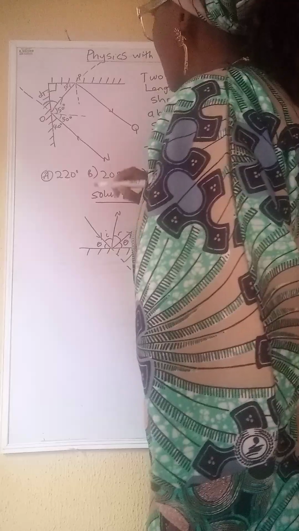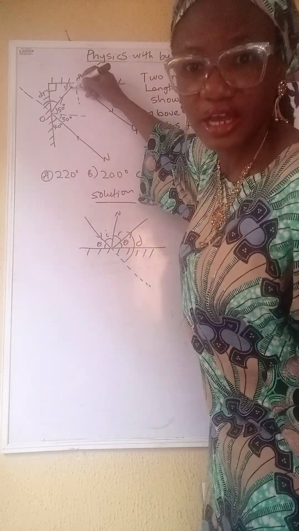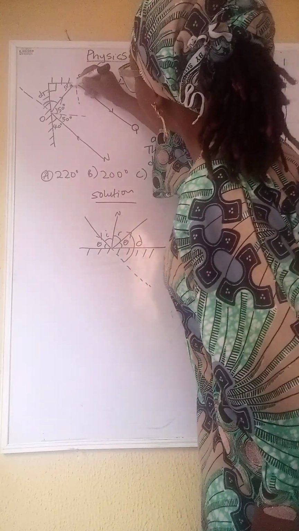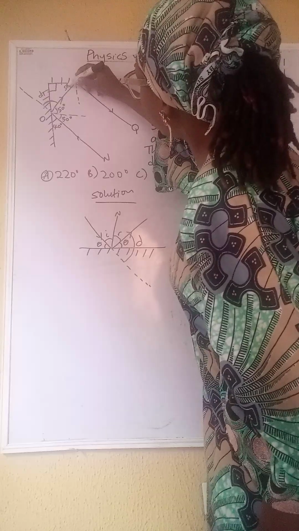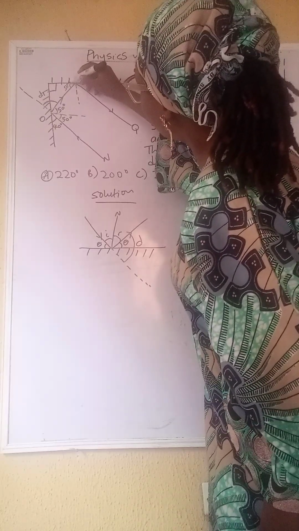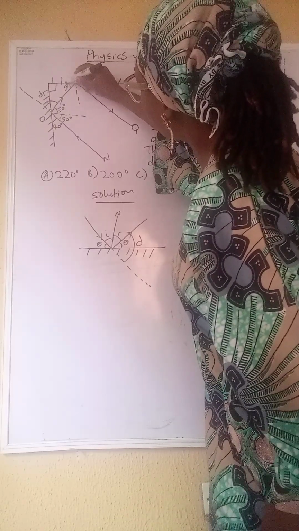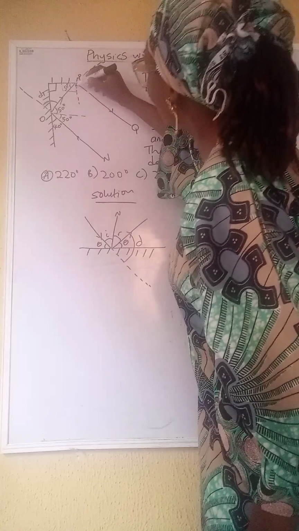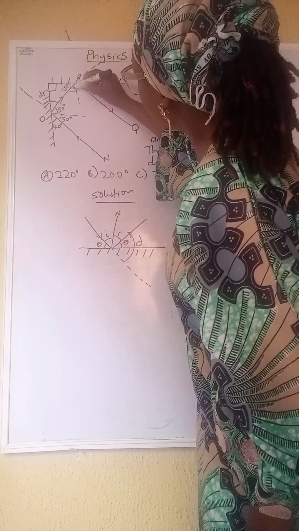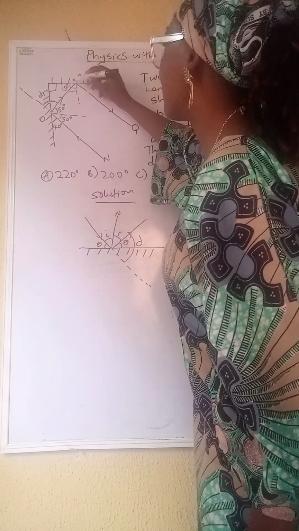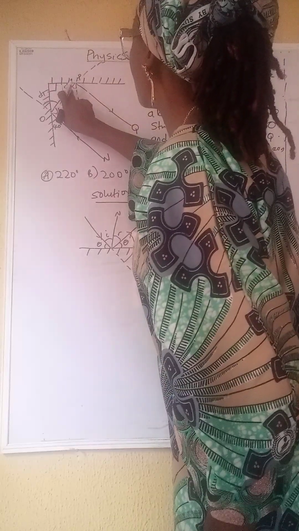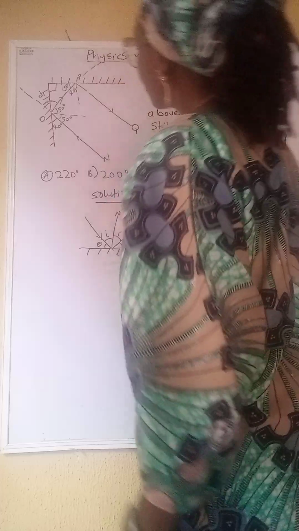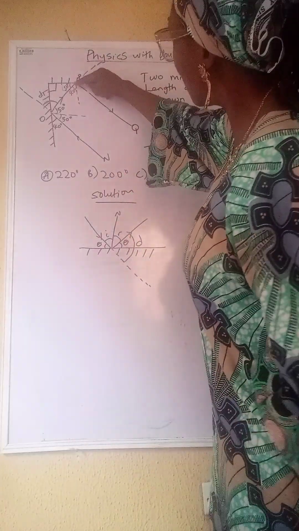If this is 50 degrees, then from here to here is going to be 90. So we can find this small angle. How? 90 minus 50 gives us 40. So we have 40 degrees here.